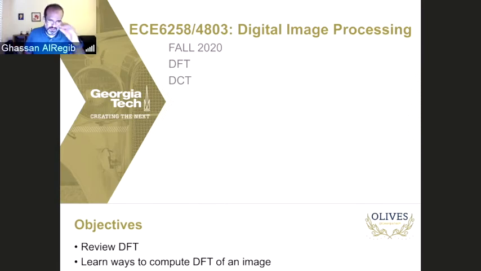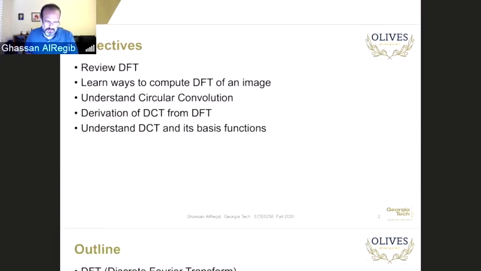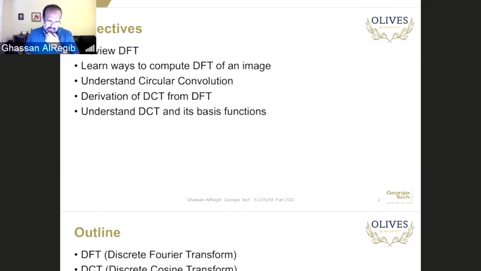Okay, let's get started. DFT. Today I will quickly review some of the things we studied last time in DFT, and then look at the computation of the DFT of an image. Then a very important concept: circular convolution in DFT.